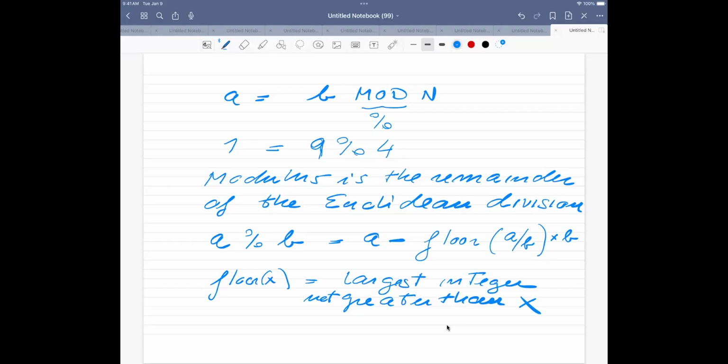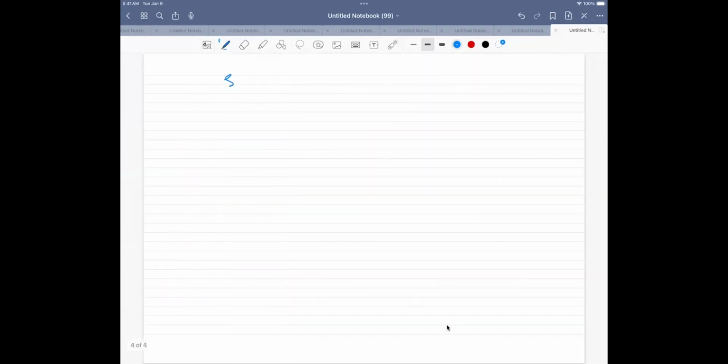So let me give you an example. If I take 5 modulus 7, this is actually equal to 5. Just try it out. I hope you don't get offended if I bring up some of these simpler relations.